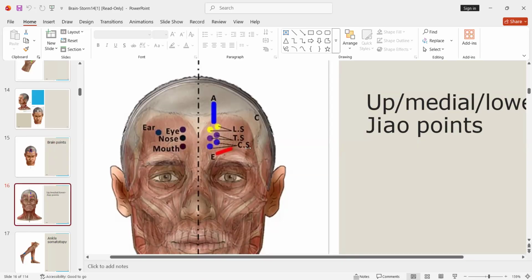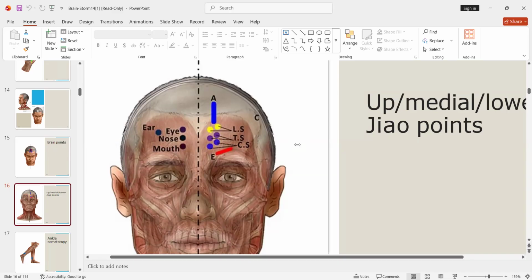Then there are two parts, front body and back body. When you have a problem in the upper front side, then you use the medial side point. If you have a problem in the back side, then you use the lateral side point.